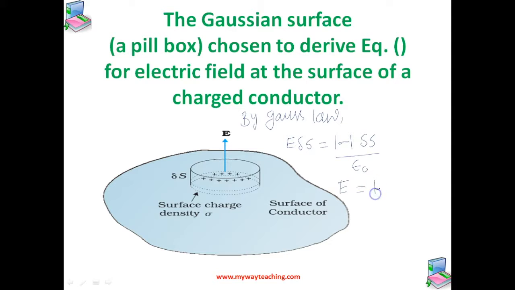E is equal to sigma by epsilon naught. So including the fact that the electric field is normal to the surface, we get the vector relation, which is true for both signs of sigma. If sigma is greater than 0, the electric field is normal to the surface outward. If it is less than 0, then the electric field is normal to the surface inward.